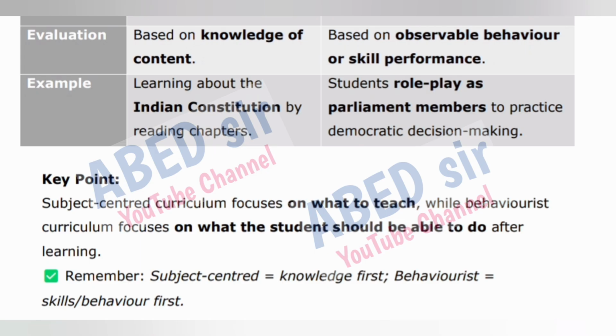Students role play as parliament members to practice democratic decision-making. Key point: subject-centered curriculum focuses on what to teach, while behaviorist curriculum focuses on what the student should be able to do after learning. Remember, subject-centered is equal to knowledge first, behaviorist is equal to skills behavior first.